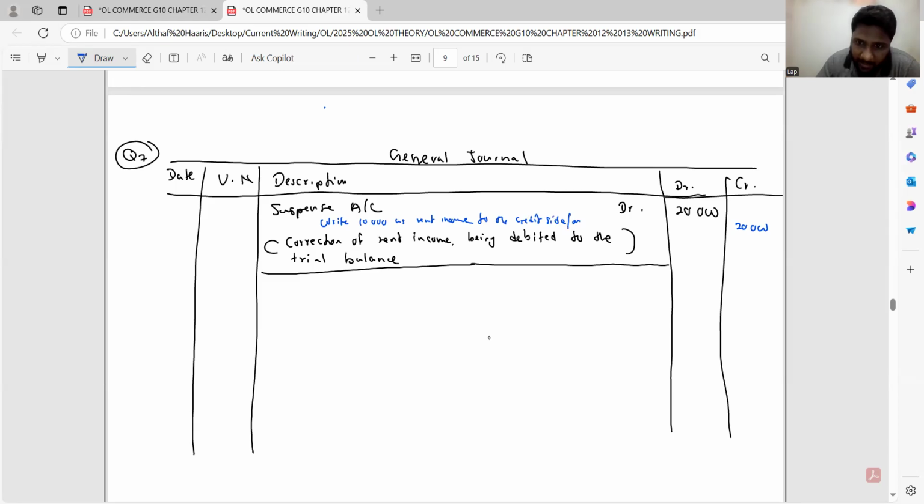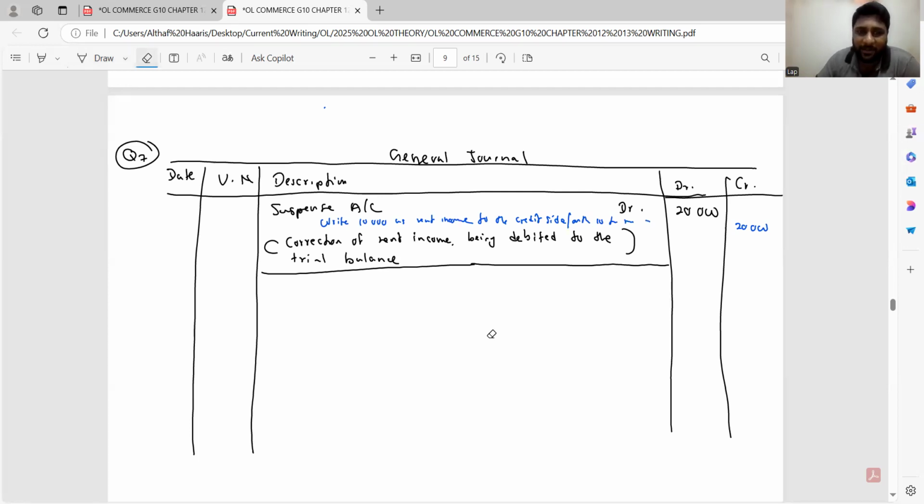Another 10,000 to remove the mistake written in the debit side. So that's why 20,000. 110,000 is to remove the mistake in the debit side, and another 10,000 is to write the correct entry as the rent income, 20,000.